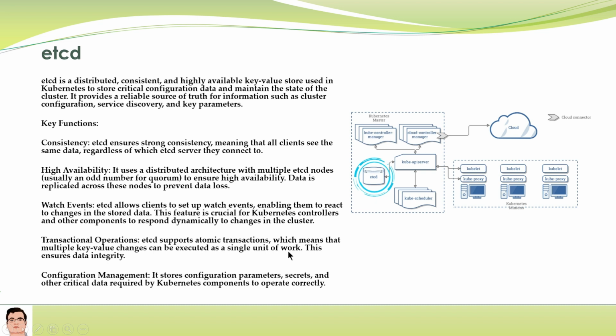So all the things will be applied at a time or not at all. If you roll back, everything will roll back accordingly in case any problem occurs in the Kubernetes cluster. It also has configuration management. It stores the configuration parameters, secrets and other critical data required by Kubernetes components to operate correctly.